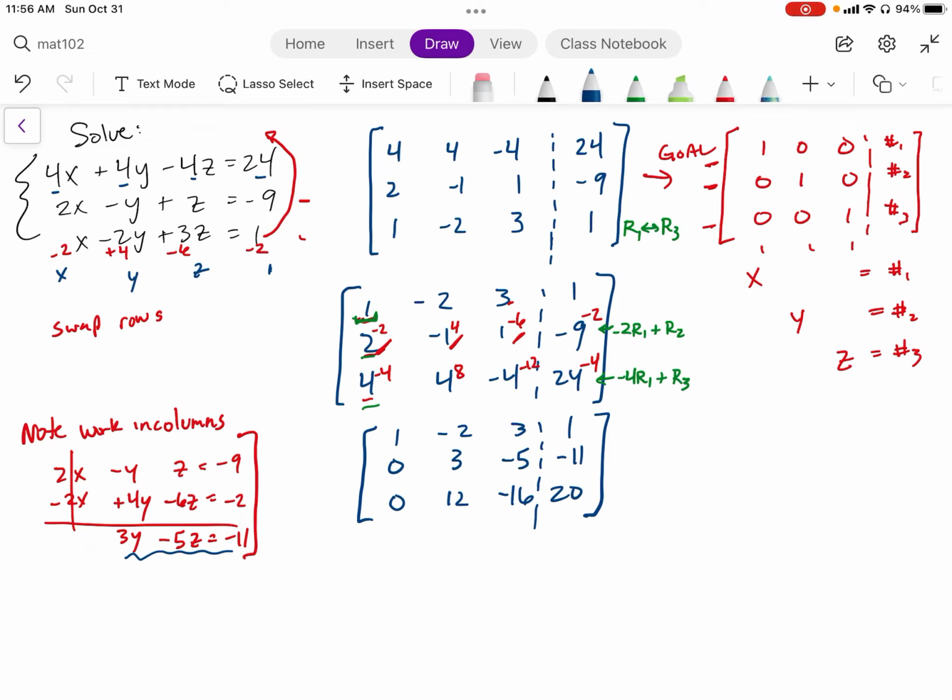All right, now next goal. We want to get a 1. We got 1, 0, 0, we're working by columns. We want a 1 right here. So I forgot to write all the rules, but I kind of intentionally did that because the second thing you're allowed to do is you could divide or multiply, right?